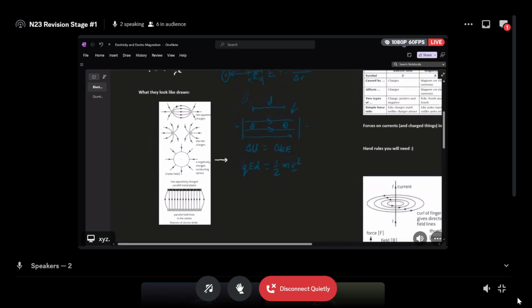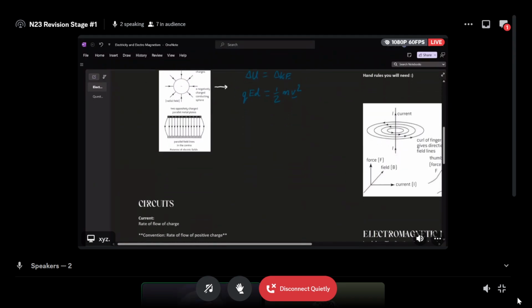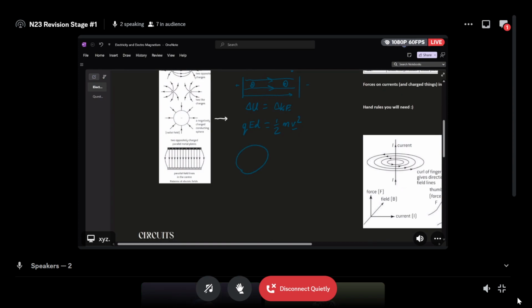But it regards the electric field produced by a hollow sphere, and in the case of a hollow sphere, no matter what the charge is, let me just emphasize the fact that it's hollow.